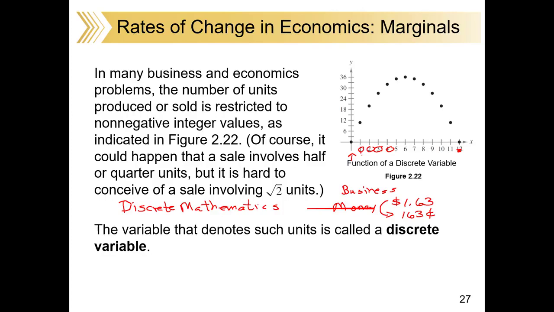What we can't do is sell something for 16.7 cents. That doesn't make any sense. It comes in chunks of pennies, chunks of cents. Nothing in between. That's what we're talking about when we're talking about discrete values.